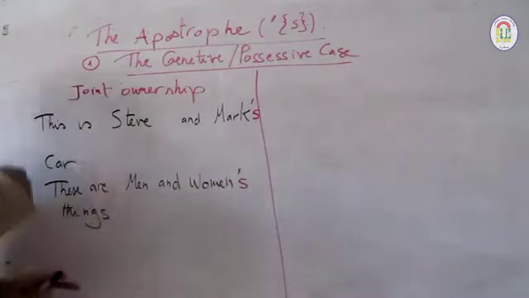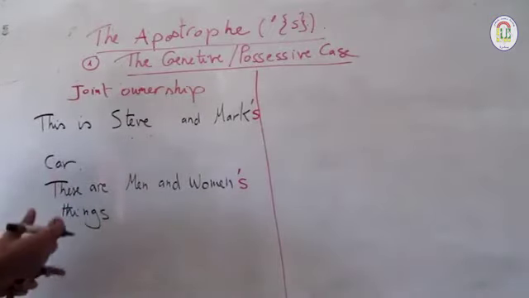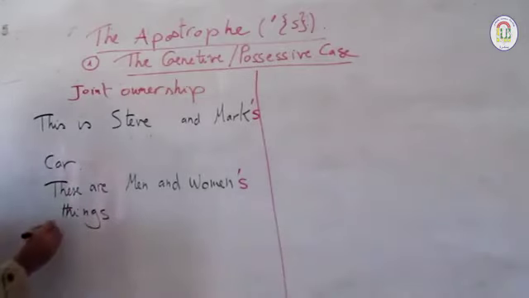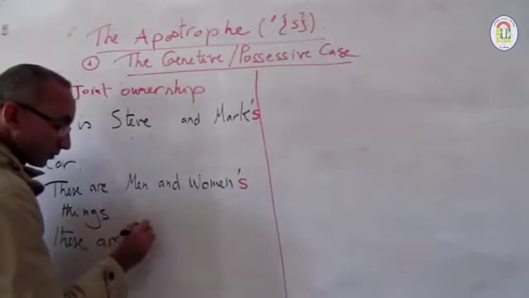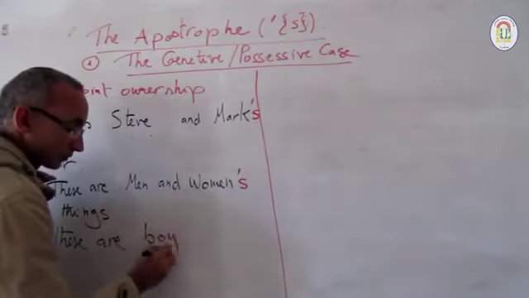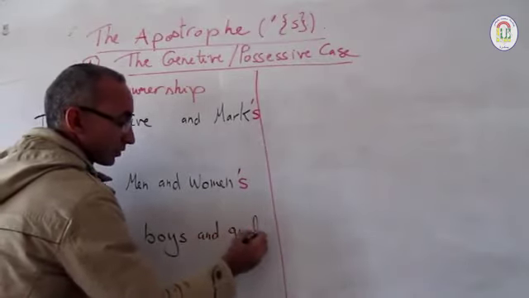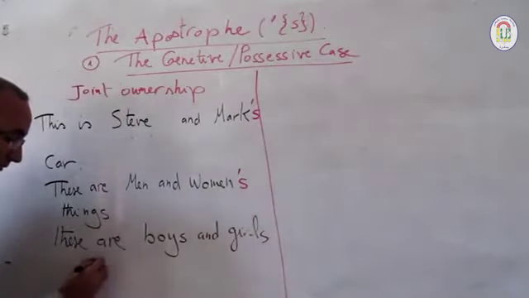Now in case I have two plural nouns which are regular, for example, these are boys and girls' toys.